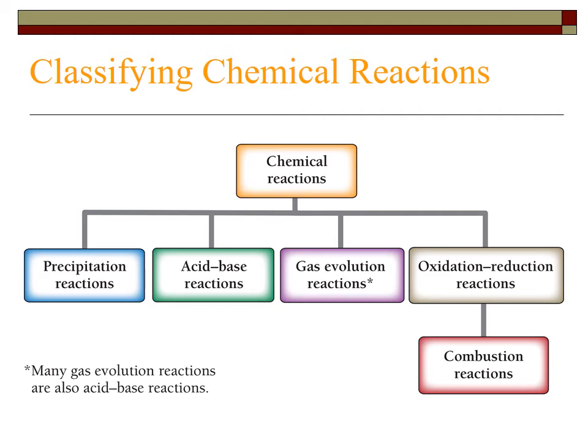Now, like I said before, you're going to see a lot of equations. You're going to need to know whether something is a precipitation reaction or an acid-base reaction or a gas evolution reaction or an oxidation reduction. So how are we going to be able to differentiate these? What does a gas evolution reaction have? It has a gas. So one of the products better have a small g by it.